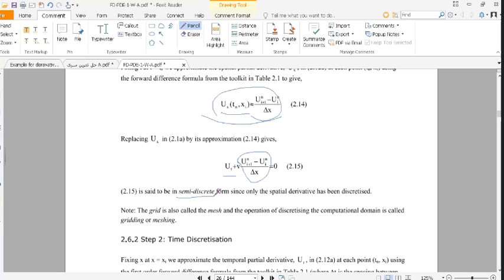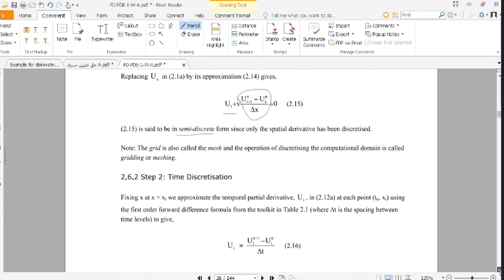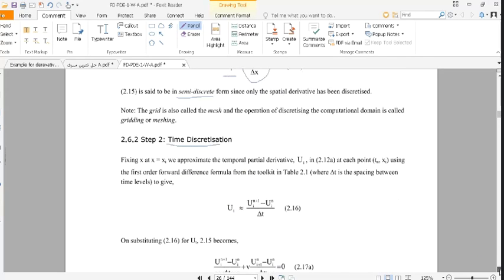Until now, we have the semi-discretization formulation for this PDE. For time discretization, ut is approximated by (u i, n plus 1 minus u i, n) over delta t.